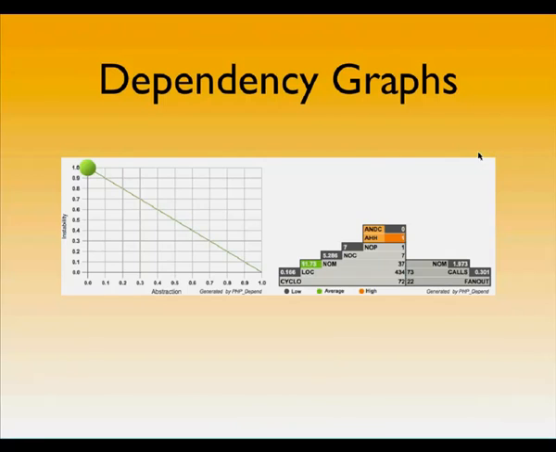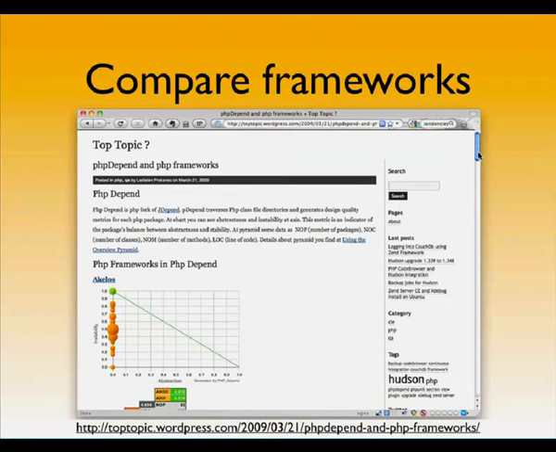If you want to know what kind of framework is better, there's this website on WordPress that has done the dependencies for all major frameworks. Zend Framework is also in there.